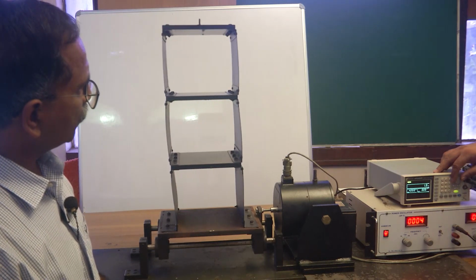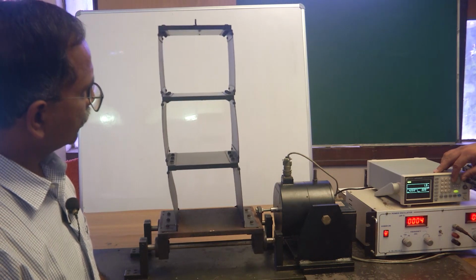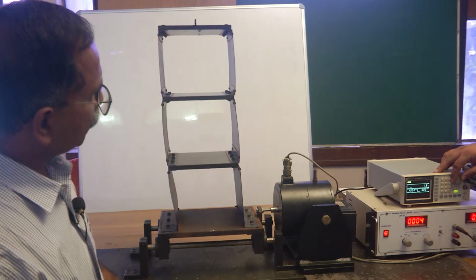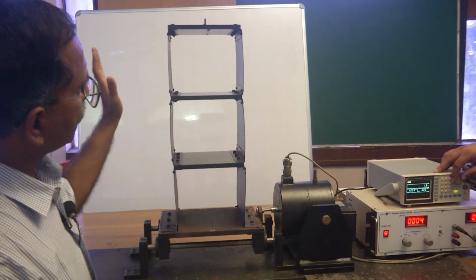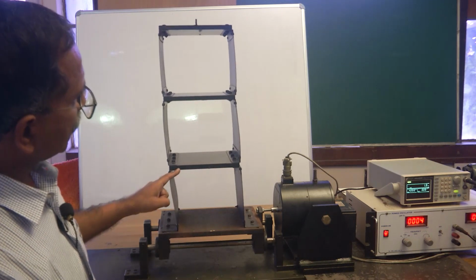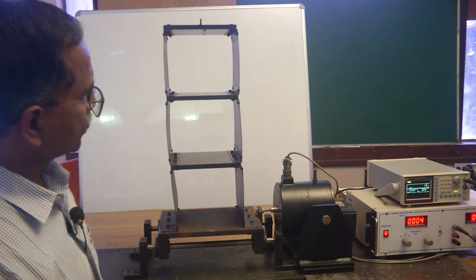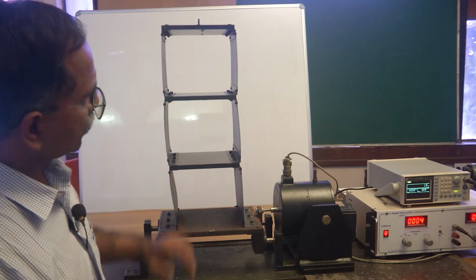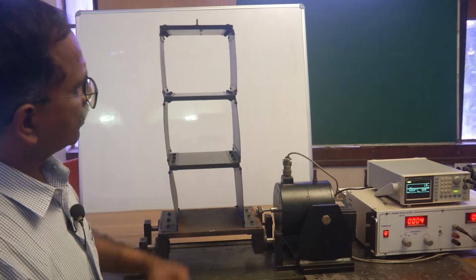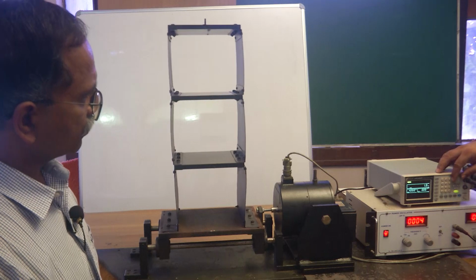Now, when we move it to 1.3, you can see that the vibrations are quite strong, and all these 3 floors are moving in phase. If you play this video in slow motion, you may observe that all the 3 floors are moving in phase, and if this is the resonance corresponding to the first natural mode, then any increase in the excitation frequency will further reduce the amplitude of vibration.